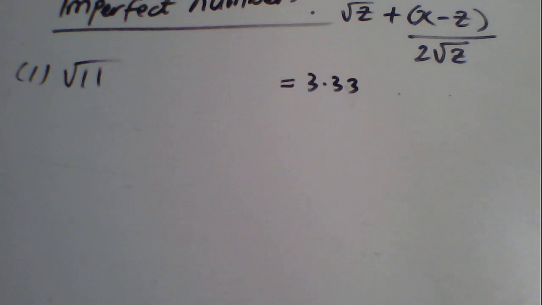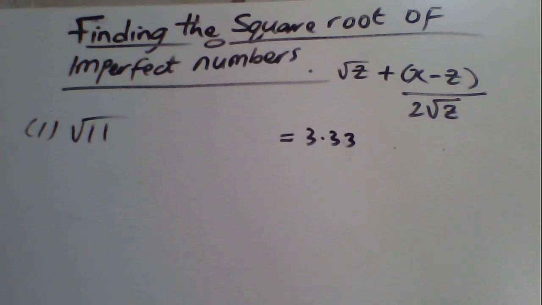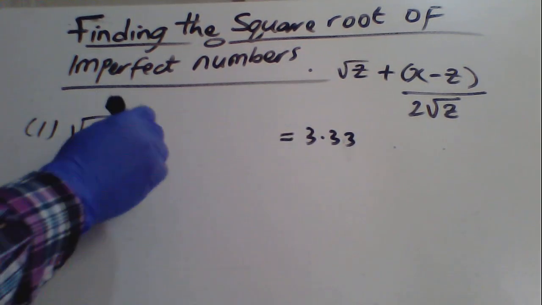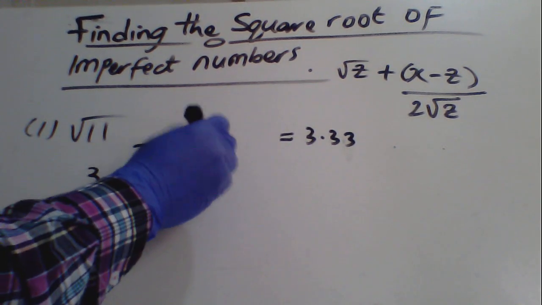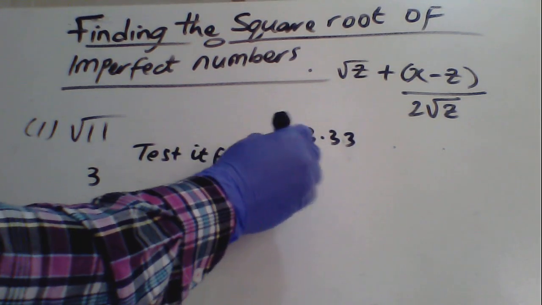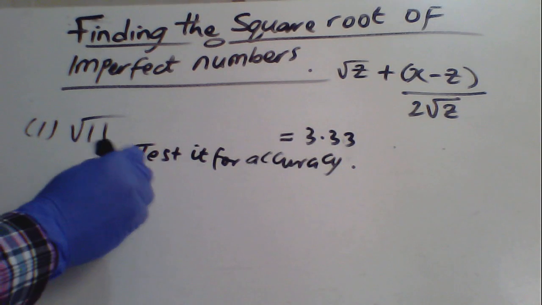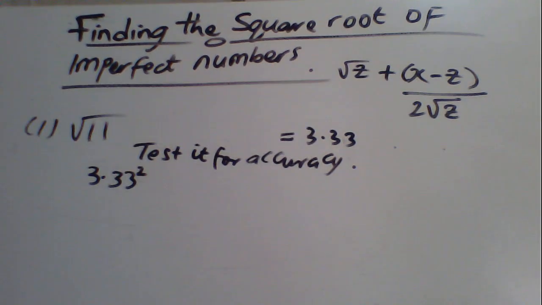How do we test it for accuracy? To test this for accuracy, we have to find its square. Find the square of this number.